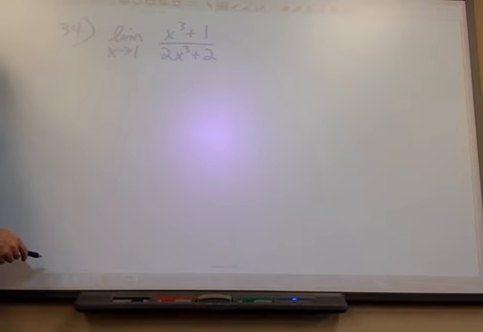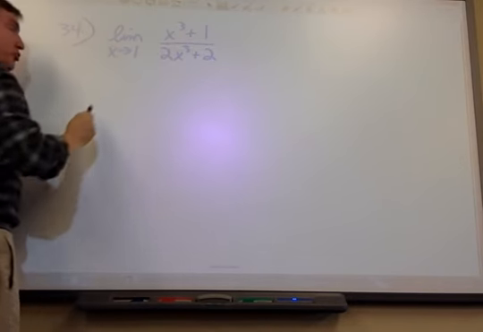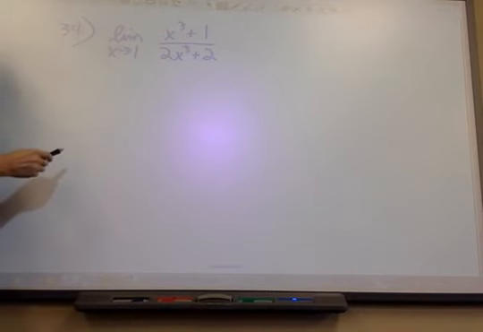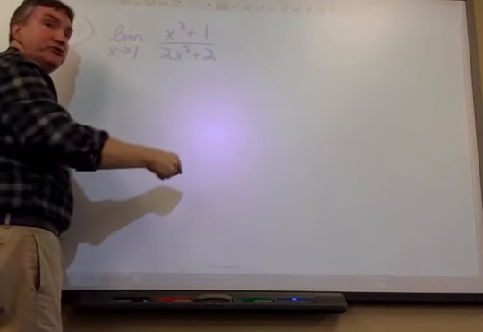What does that give you? 1/2? I like it. 2 over 4 would reduce to 1/2, that's good. You know what would be even nicer, and this would be useful in other problems maybe? You could just plug the 1 in and get 2/4 reduced to 1/2.